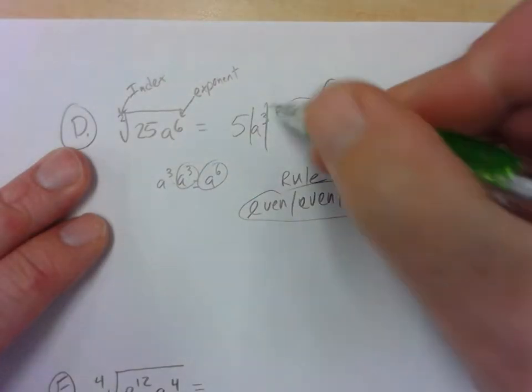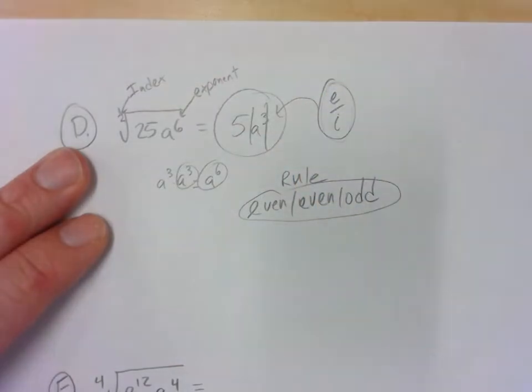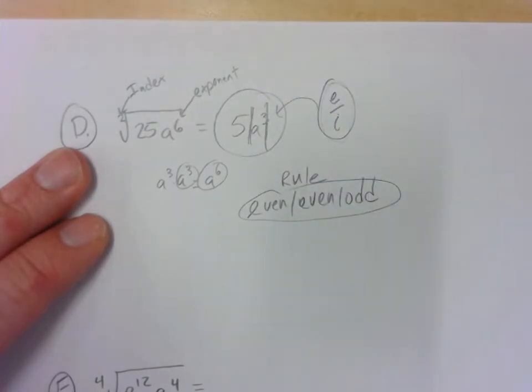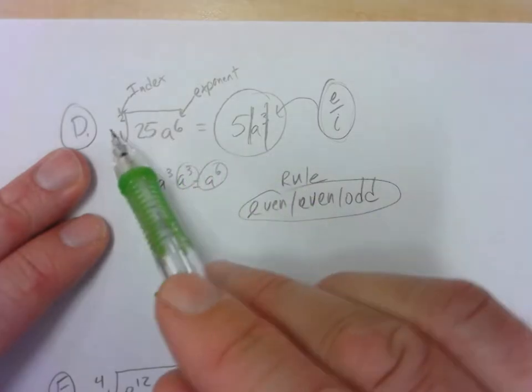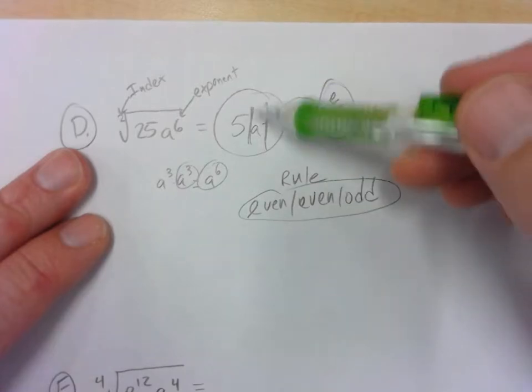So the answer really is 5a to the third power. That's really the answer here. And it's the absolute value of a to the third power. So what's happening is anytime there's an even index, an even exponent, and an odd result, we add absolute value.